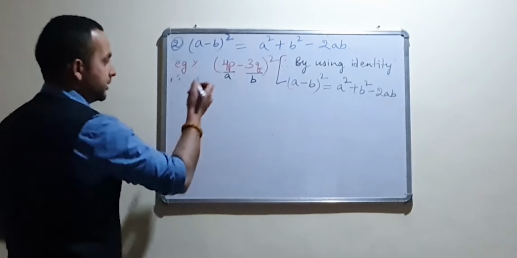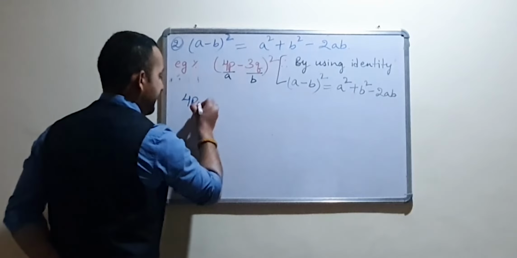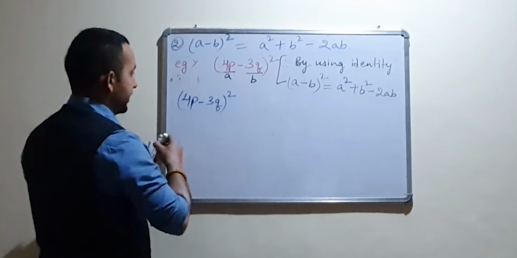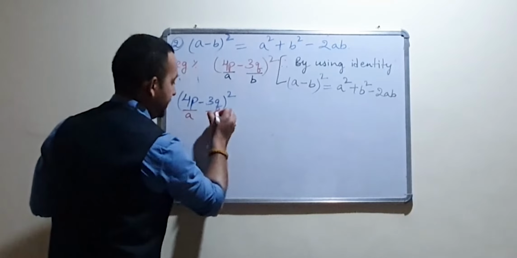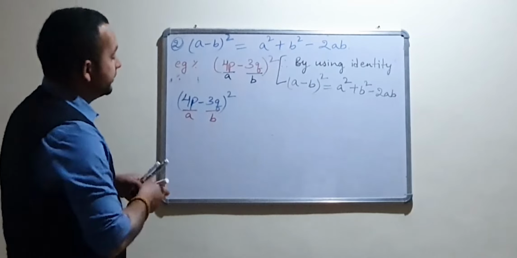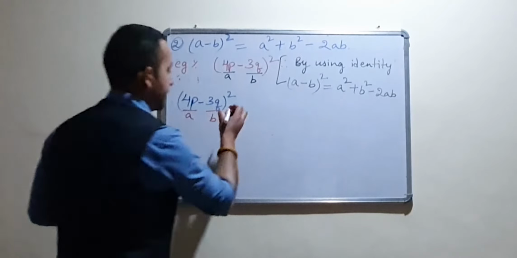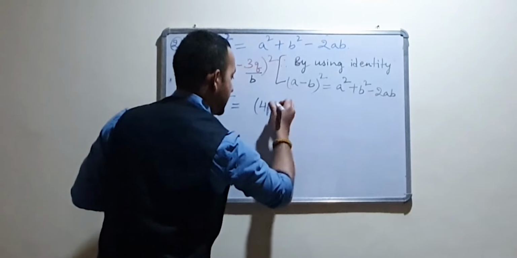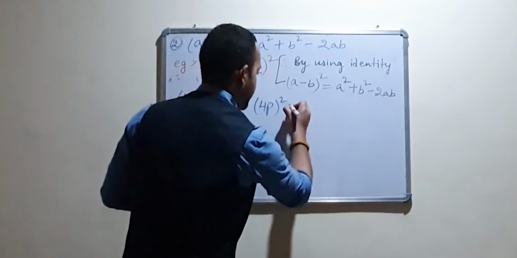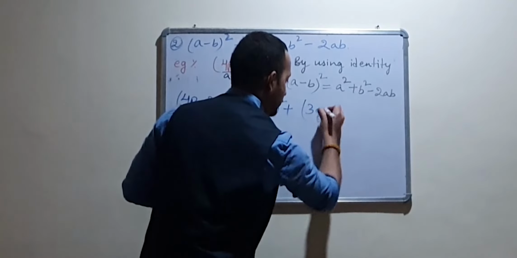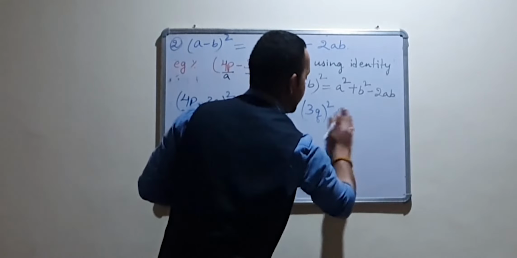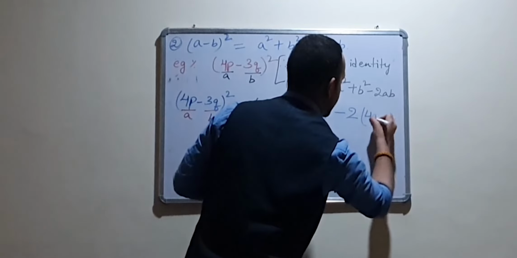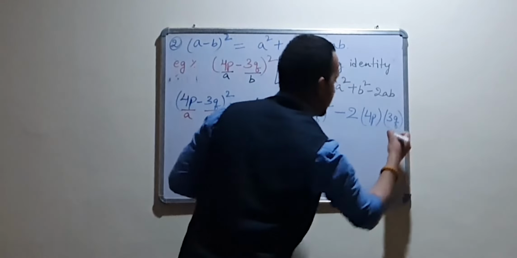So in place of A you will write 4p whole square plus in place of B you will write 3q whole square minus 2 as it is. In place of A you will write 4p, in place of B you will write 3q.